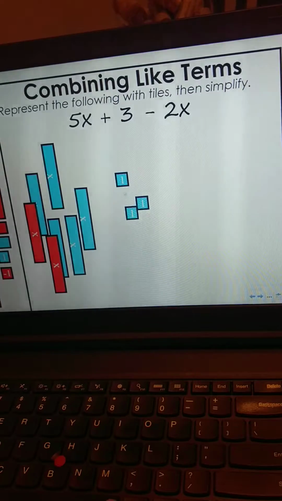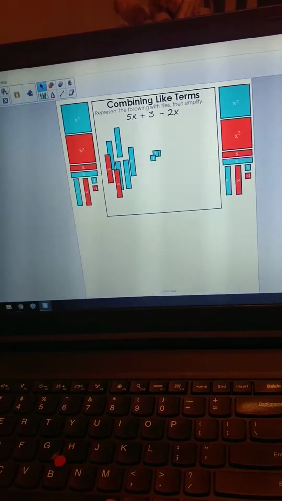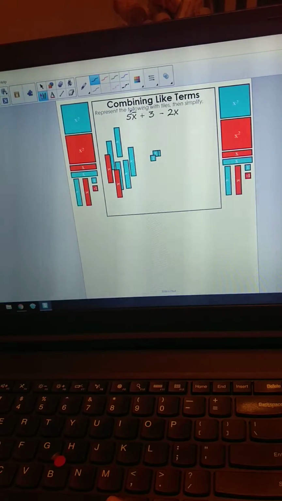And then I might even go back up here and actually draw some of those ways that we teach grouping, like circling things that are like terms. So showing those two things are like terms, and then showing how I moved them over here, so maybe even talking about, I know that you guys wanted to talk about the properties a little bit, so maybe talking about the commutative property, being able to move things around, or associative property depending on how you're looking at it.